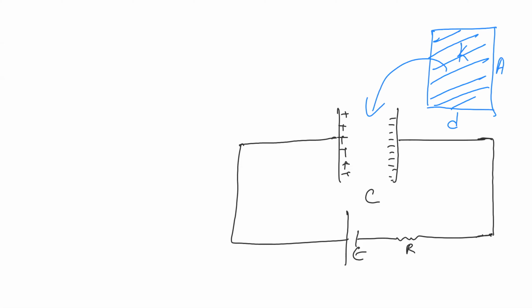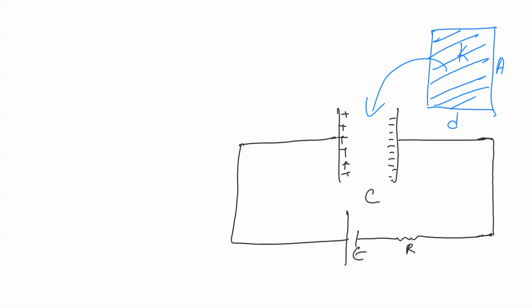What will happen to the charge on the capacitor? Will the charge increase, or remain the same? What will happen to the voltage? So try to answer, think and tell me. And what will happen to the energy?